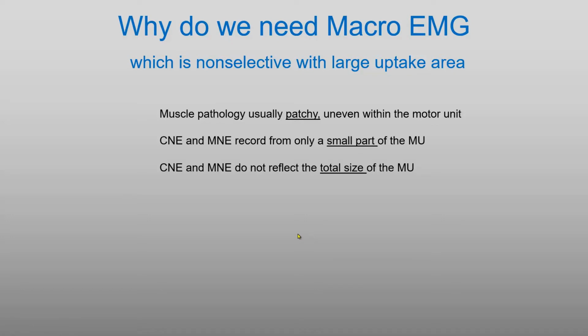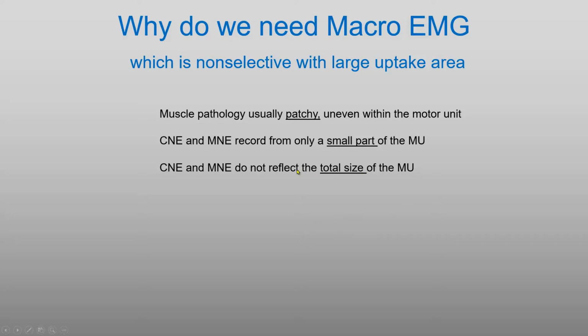Well, the biological background is that muscle pathology is unevenly or patchy distributed within a muscle and even within a motor unit.